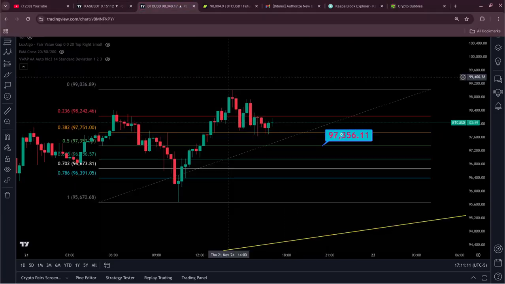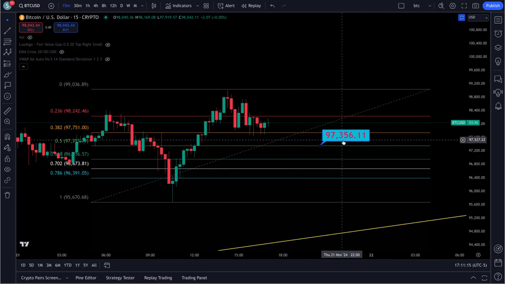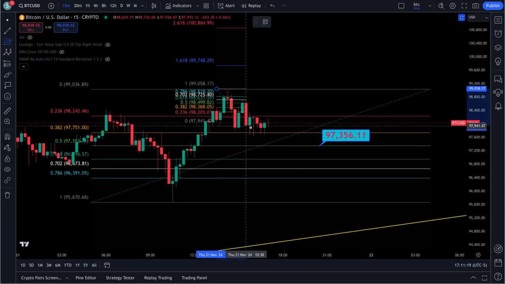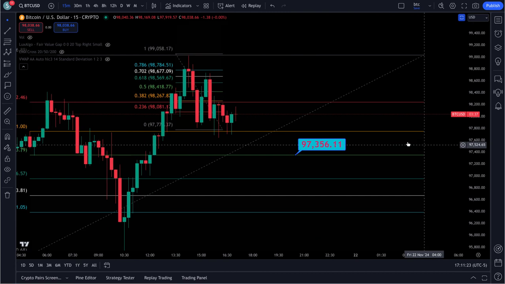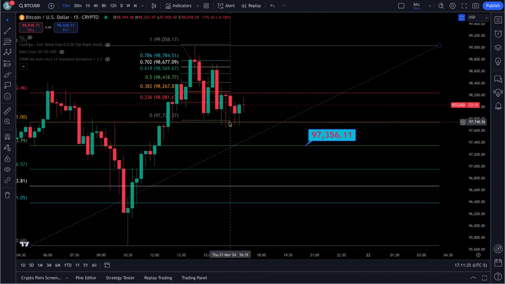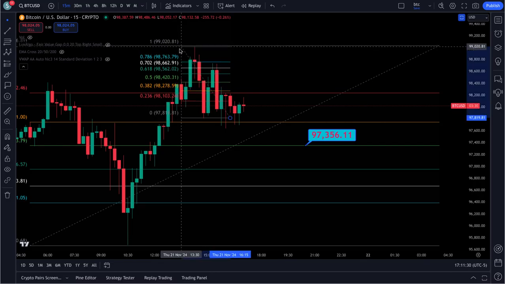Let's go over here to Bitcoin. Now you can see here, looking for a bounce around this 97,356. All right, 350 area. If you measure this out, this looks like an ABC. All right, pull this up a little bit. Let's get this perfect. There we go.